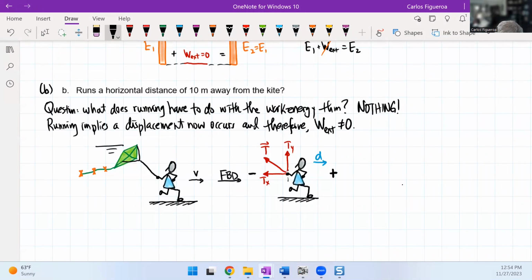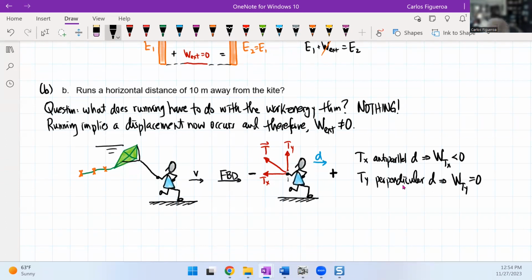So Tx is anti-parallel to D, which then implies that the work done by Tx is negative. Ty is perpendicular to D, so that tells us that the work by Ty is 0.